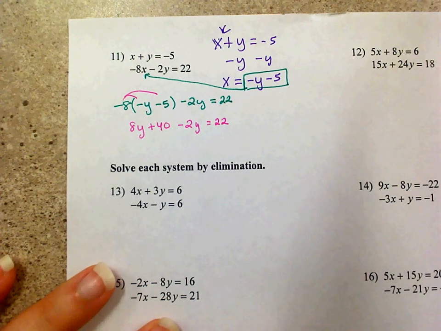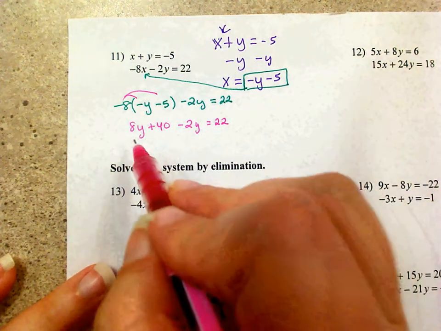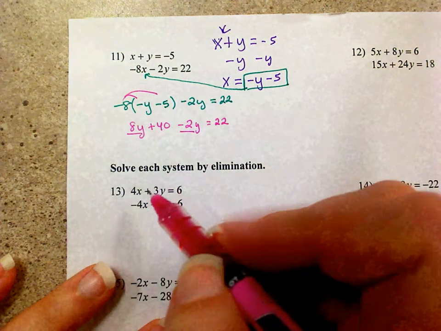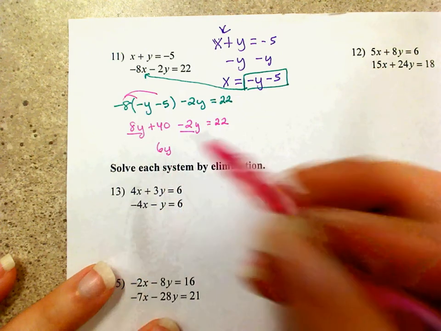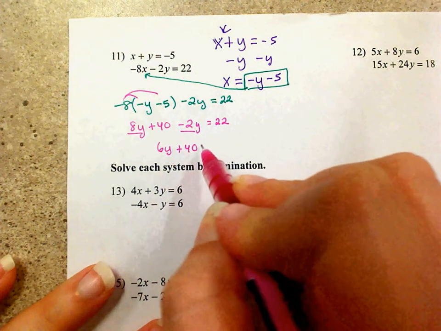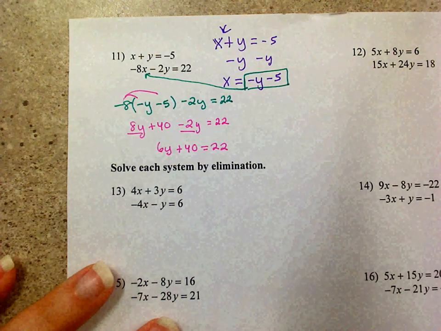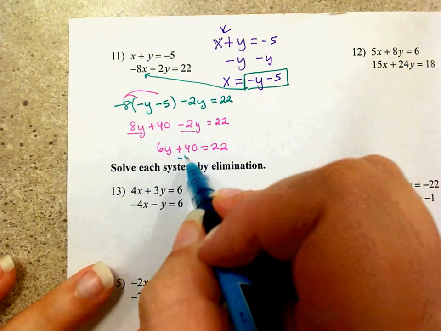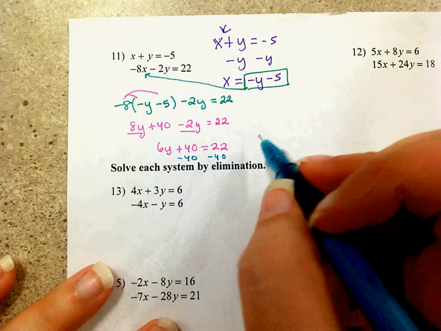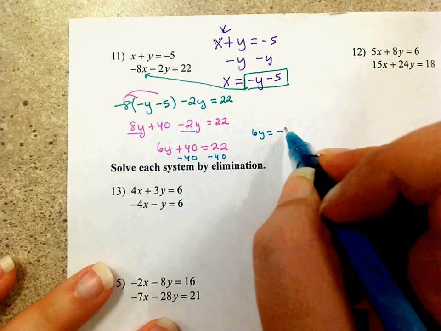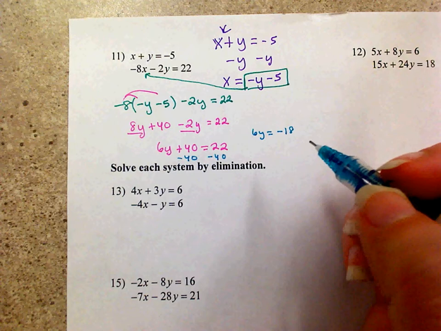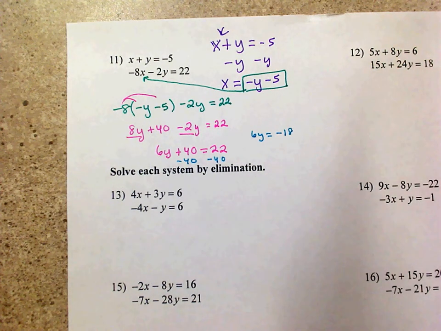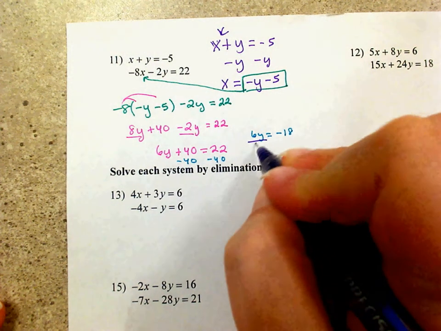What is 8y and negative 2y? 6y plus 40 equals 22. How am I going to solve for 6y? Subtract 40 over, and I get 6y equals a negative 18. And then divide by 6, and I get y equals a negative 3.